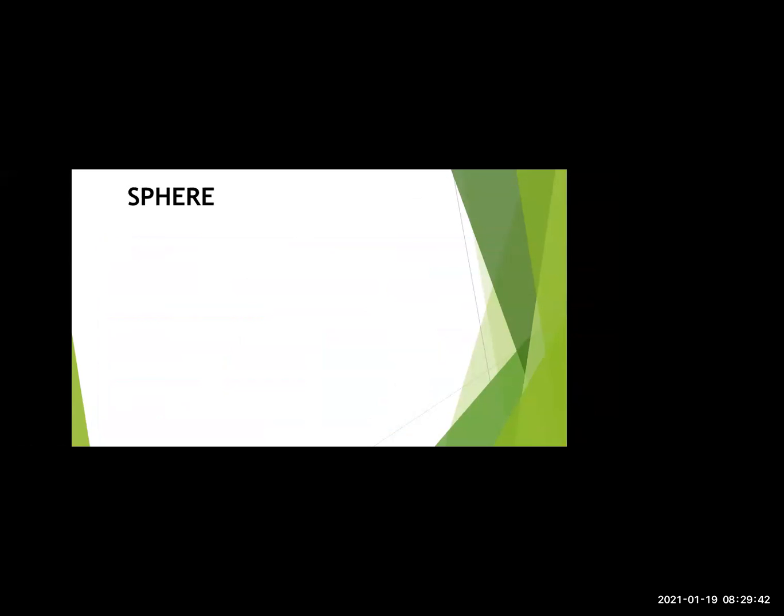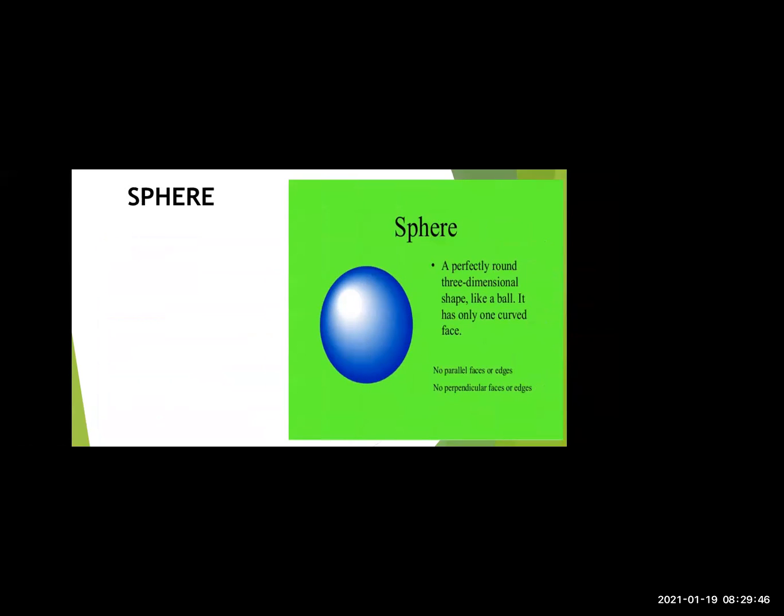Sphere. The next 3D shape we are going to learn is a sphere. See here, the shape of the sphere is circular. It is perfectly round. If we draw it on paper, it will come in the form of a circle. But when we touch it, when we take it in a hand, of course, it's three-dimensional. So it comes like a round three-dimensional shape, like a ball. It has only one curved face.